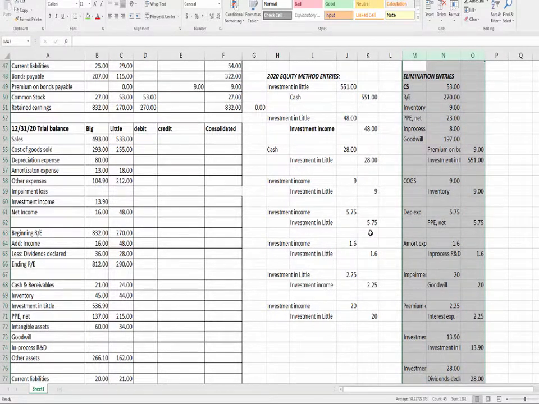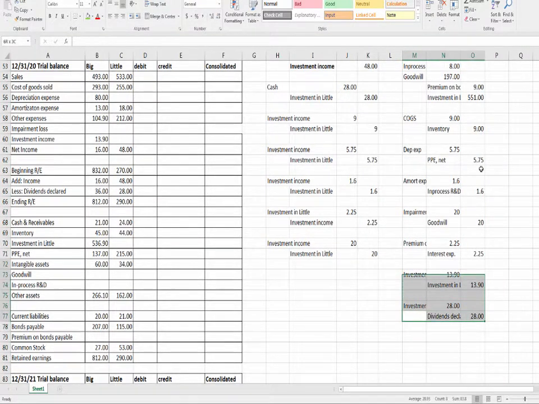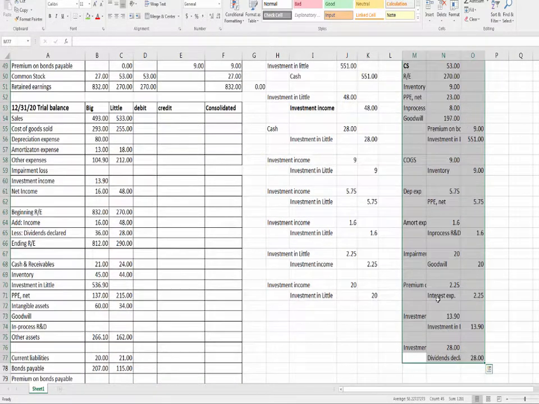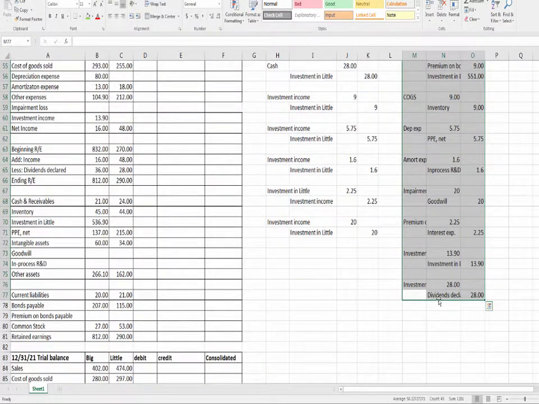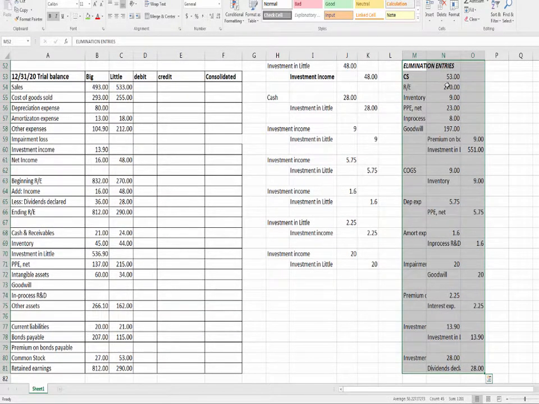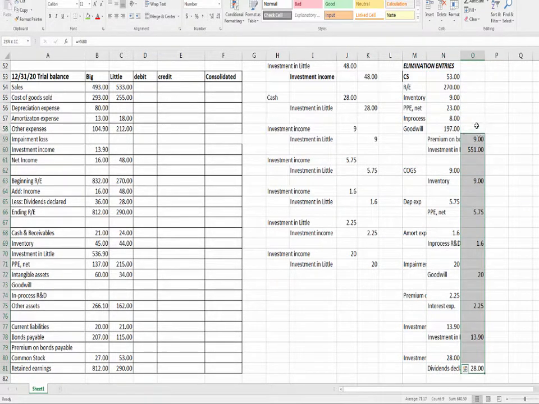As I've said so often, you're probably tired of it, this is the hard part. I'm going to shift these down so I can see my entire entry and my entire worksheet at the same time. Okay, so what do we need to do? Basically, debits to the debit column, credits to the credit column.